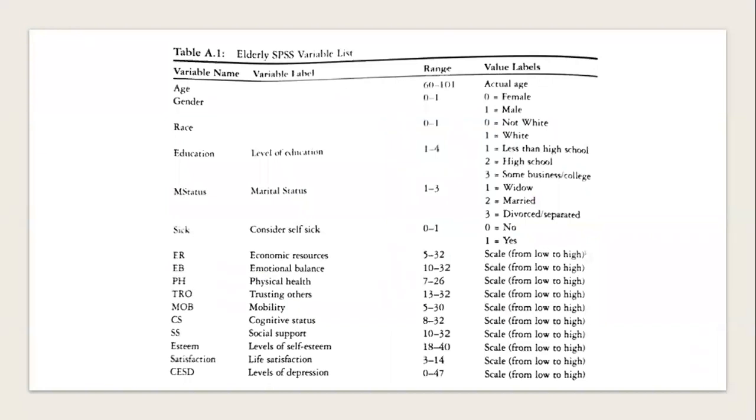So here are some examples from our data set. You see that these are continuous numbers here, and each of these variables within our data set are measured at the interval level. These variables are considered to be interval level because there are no categories associated with them. So these are all scales, and I'll explain what a scale is later on in the semester. But these scales each have a different range associated with them. And as you can see, none of the scales have a 0 point.